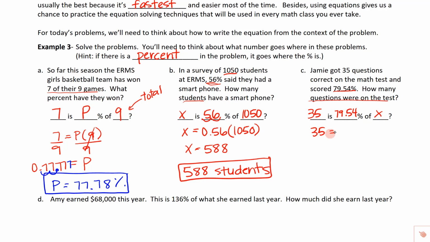35 equals, we need to make this a decimal, so move the decimal twice to the left. So 0.7954 times x. We want to get x by itself, so we're going to divide both sides by 0.7954.